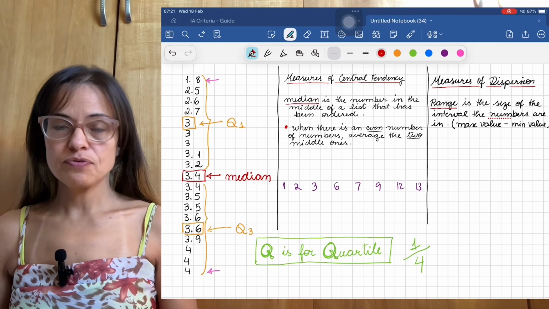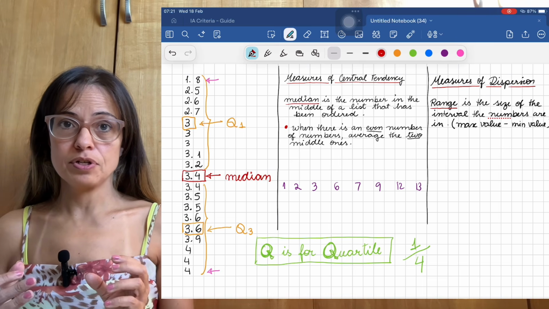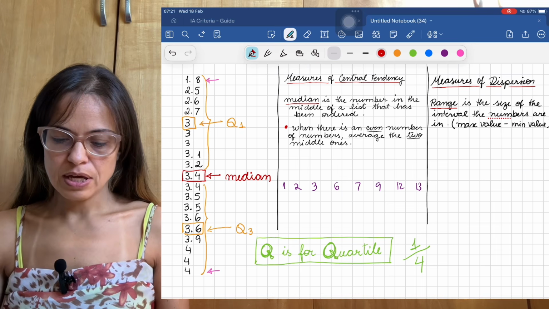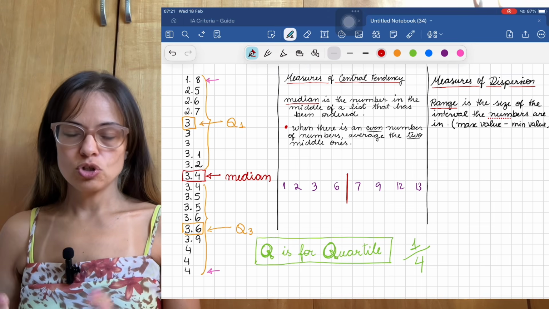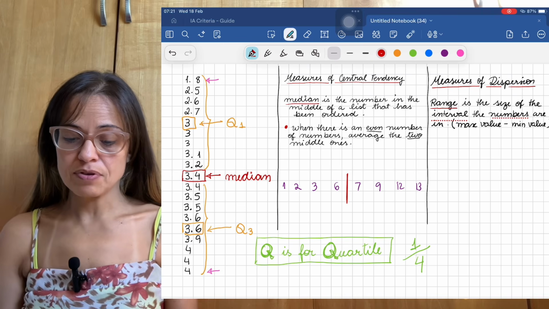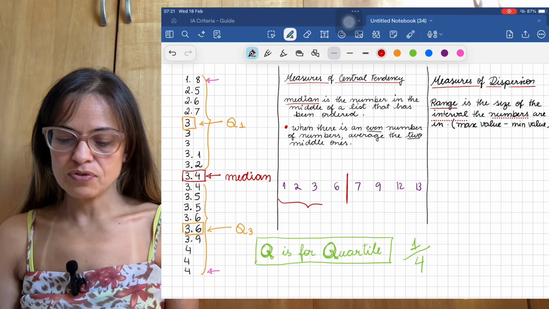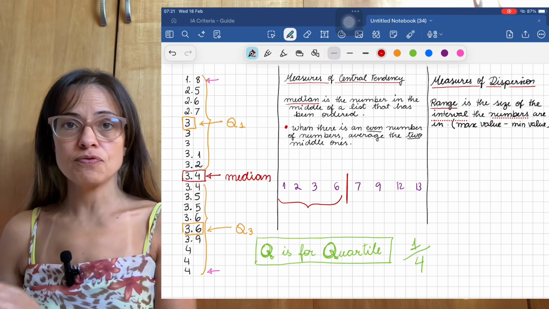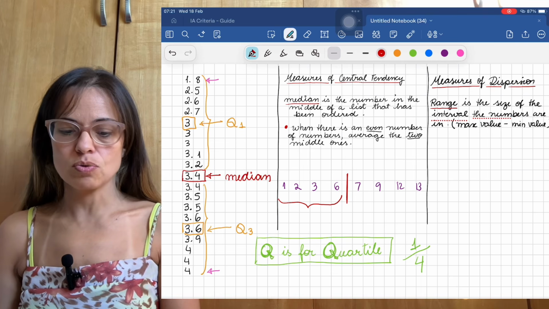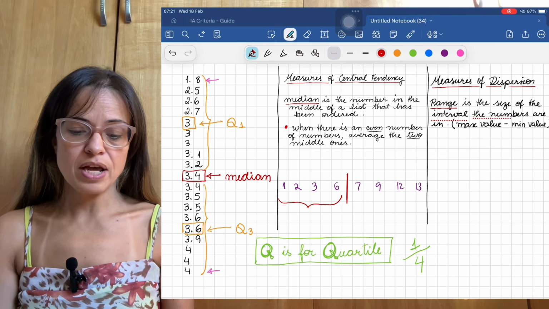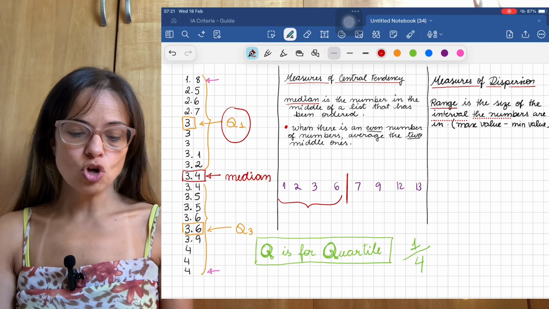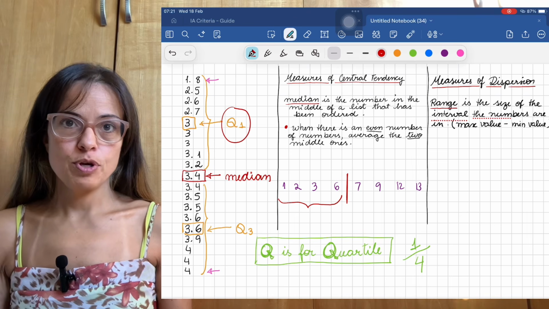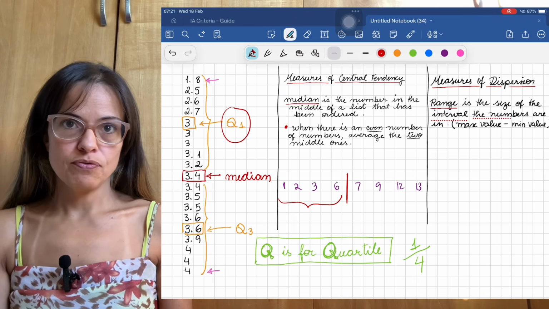As an observation, if we were in the even amount of numbers case like before, if our median was not using the 6 or the 7, then the Q1 of this side would be of those 4 numbers, including the 6, okay? This is different from what happened here, where we did not include the median 3.4 when we were looking for Q1.